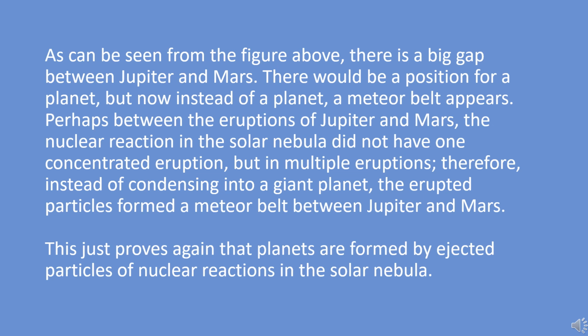Perhaps between the eruptions of Jupiter and Mars, the nuclear reaction in the solar nebula did not have one concentrated eruption, but multiple eruptions. Therefore, instead of condensing into a giant planet, the erupted particles formed a meteor belt between Jupiter and Mars. This just proves again that planets are formed by ejected particles of nuclear reactions in the solar nebula.